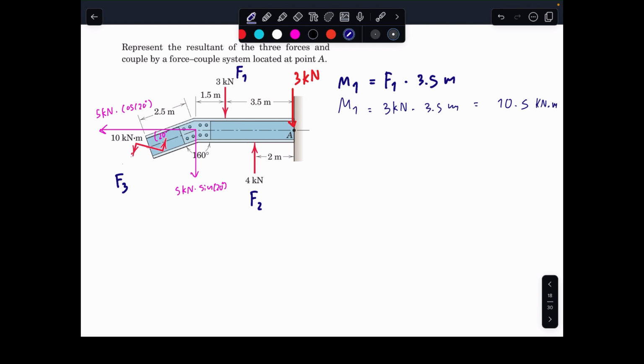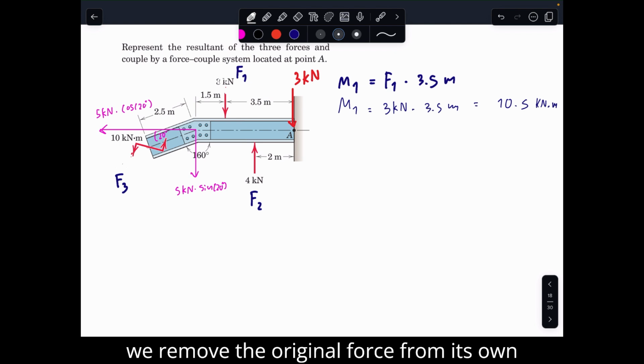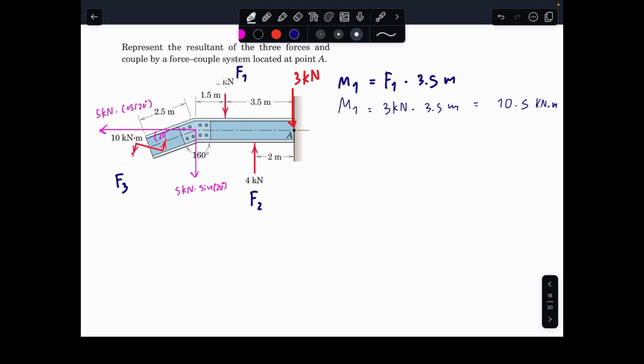Then once we obtain the moment by F1, we remove the original force from its own location, to avoid any further confusion, here and there. Now this is F1 in the new location.